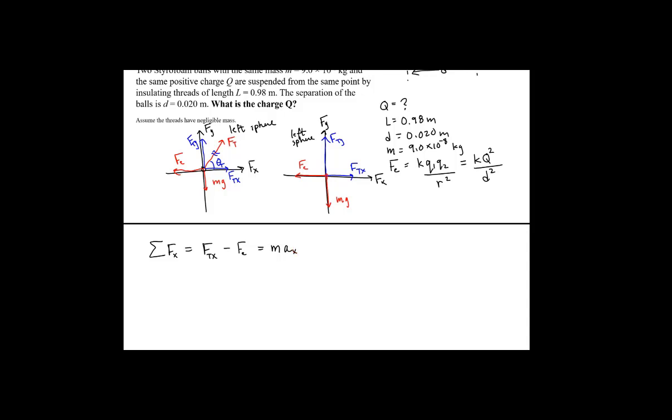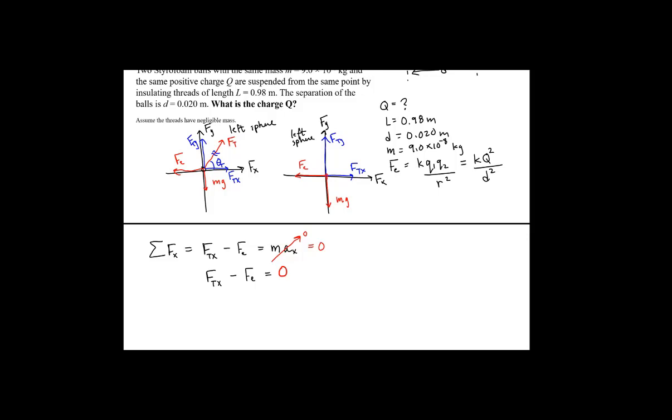Since our sphere is in equilibrium, there is no acceleration. The acceleration is 0. So this gives us a first relationship. The force of tension in the x direction minus the Coulomb force between the spheres is equal to 0.